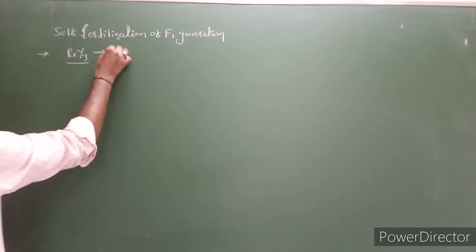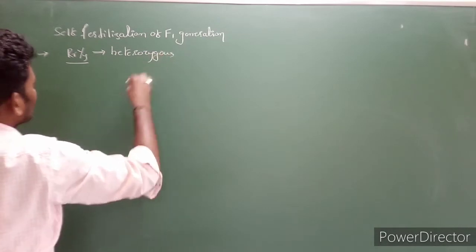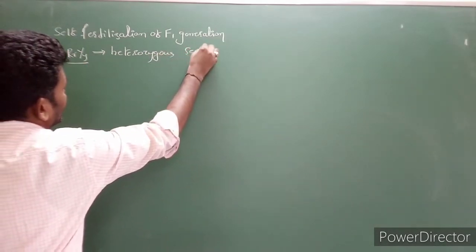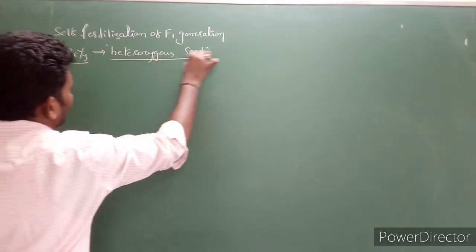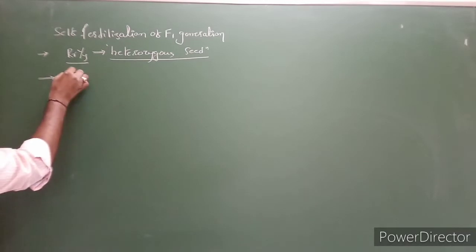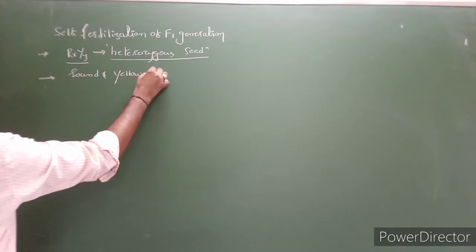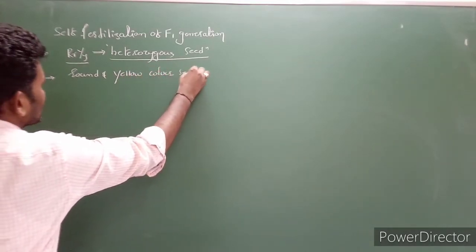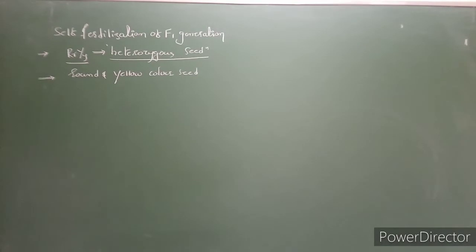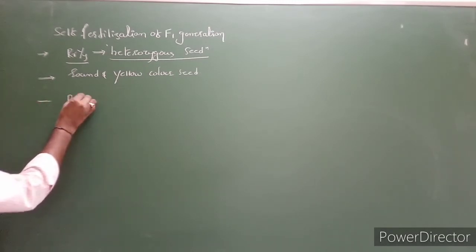This is a heterozygous seed, or heterozygous embryo, which germinates and produces round and yellow seeds. Here we have capital R, small r, capital Y and small y.